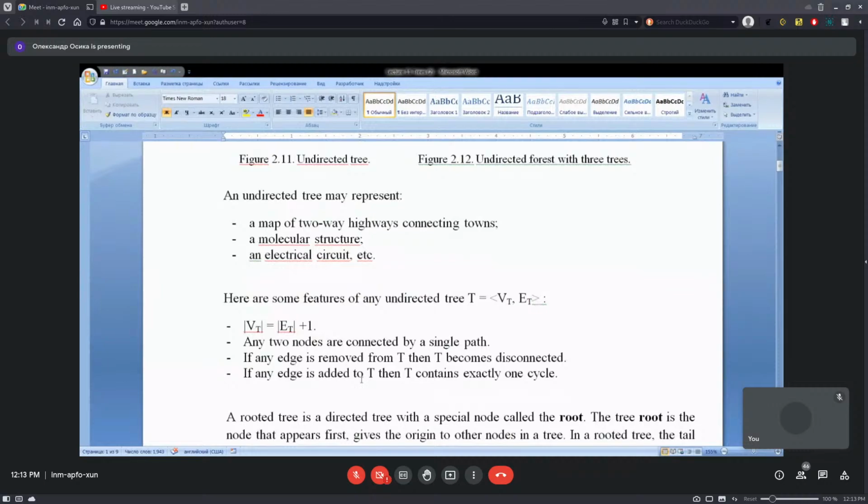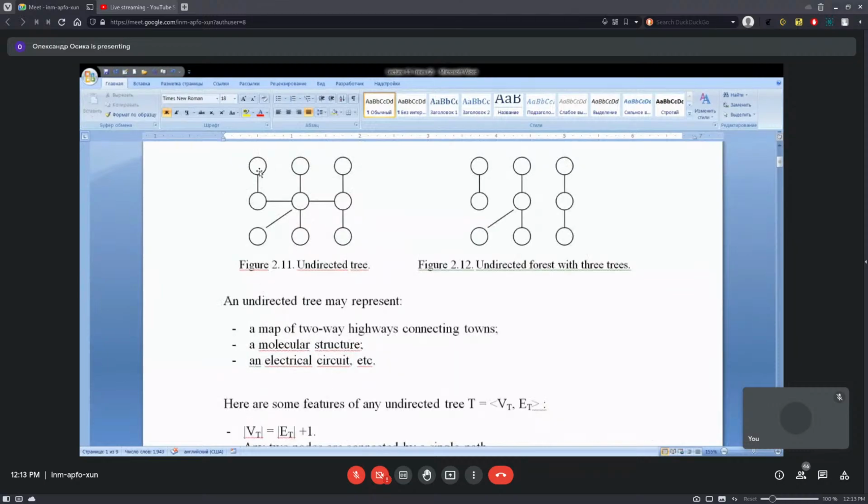If any edge is added, for example, from here to here, then exactly one cycle will appear. We add it here, and immediately exactly one cycle is added.